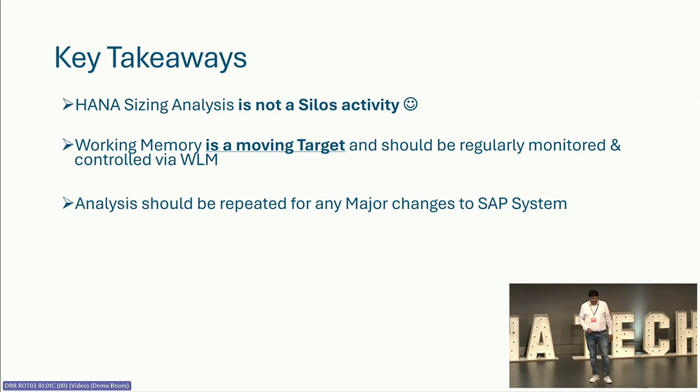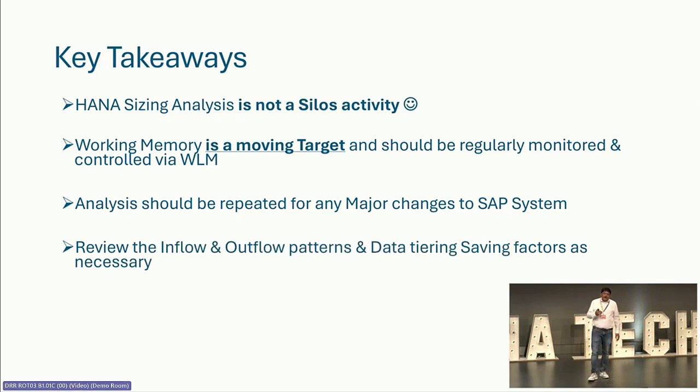Now, continue to review your inflow and outflow patterns and also the data tiering saving ratios, because they keep changing over a year and you cannot afford to ignore this part. This is how you could target the variations in your assumptions and improve the accuracy of your estimations.